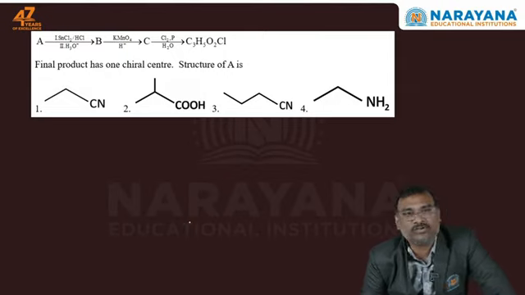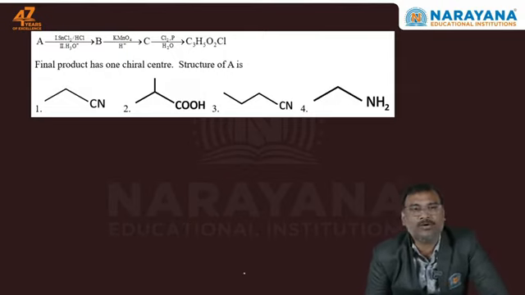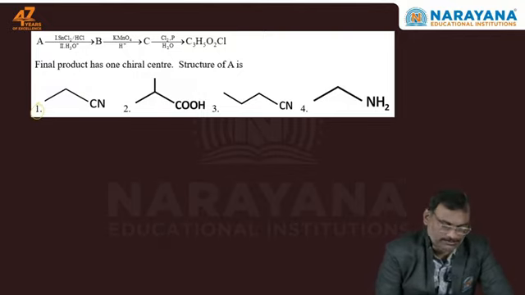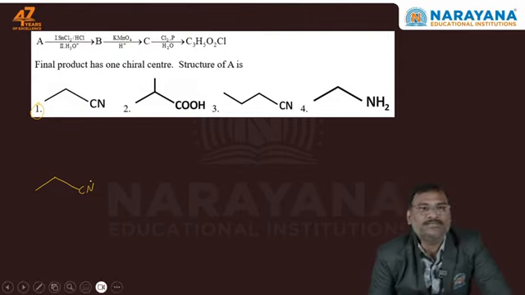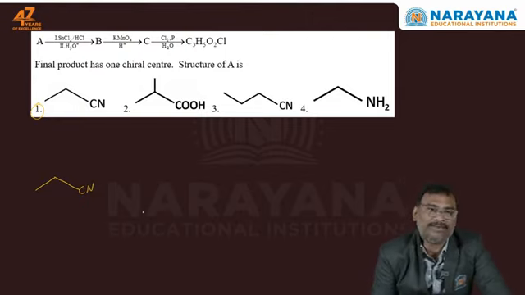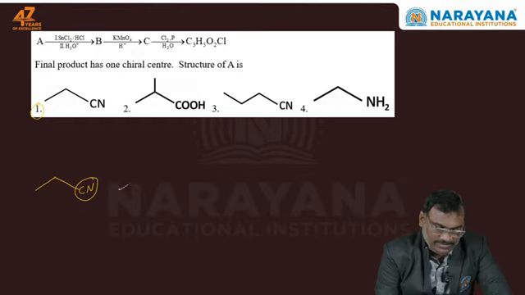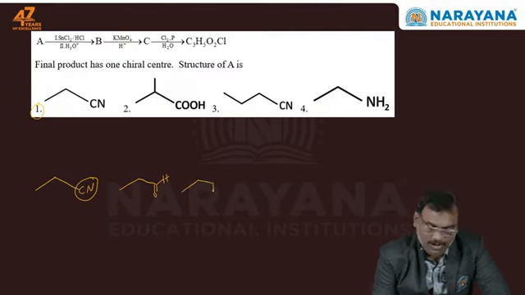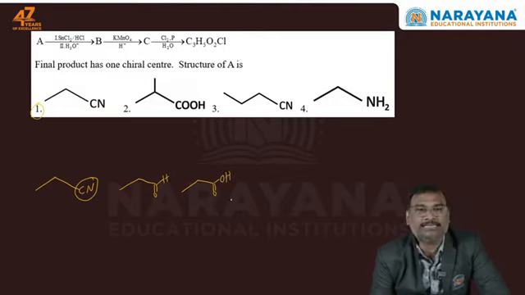For such types of questions, whenever they are given, we have to go from the options to the question. Take the first option and apply the given scheme of analysis. First, SnCl2 HCl followed by hydrolysis converts the cyanide into aldehyde, followed by KMnO4 H plus, that means a strong oxidizing agent, converts the aldehyde into carboxylic acid, followed by chlorine in the presence of phosphorus.